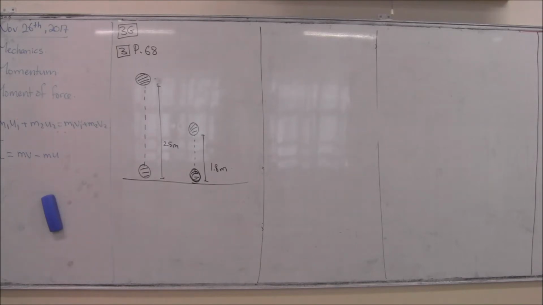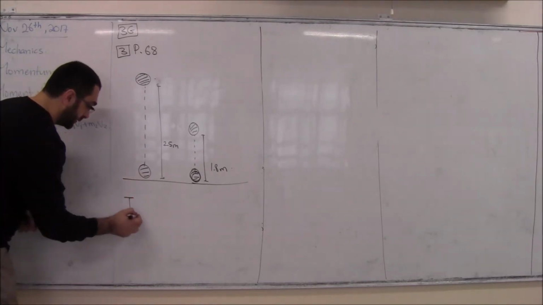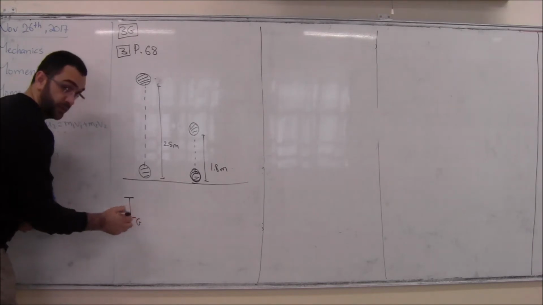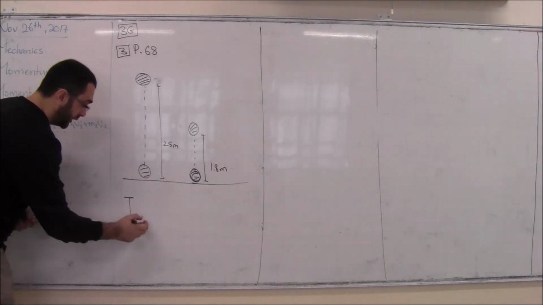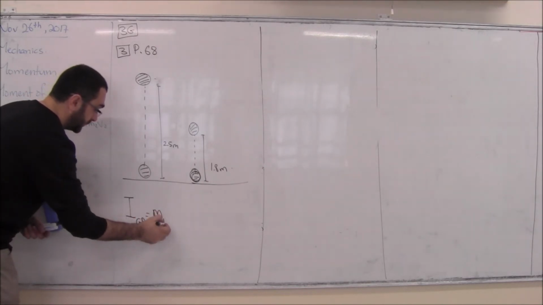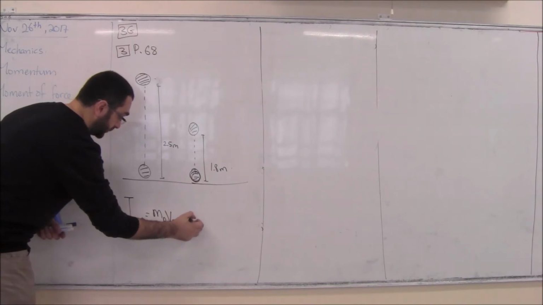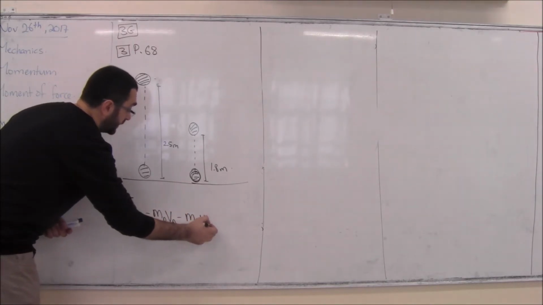Impulse received by the ball from where? From the ground. Pay attention, the impulse of the ground on the ball is M_B V_B minus M_B U_B.